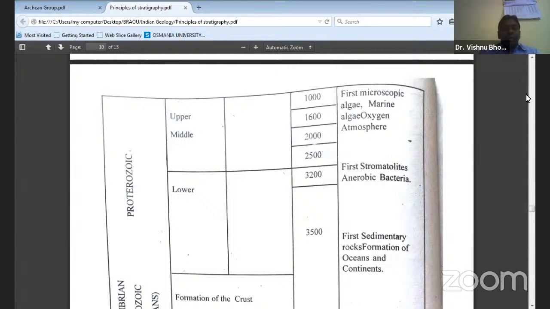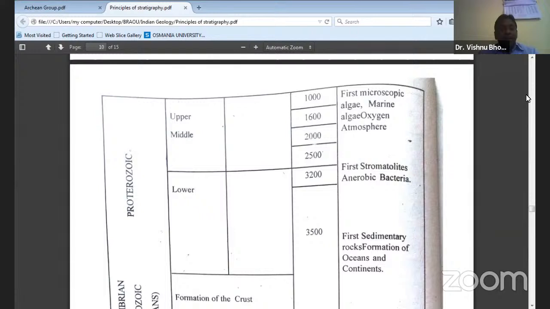Later, around 3,200 million years, the first stromatolites and anaerobic bacteria were discovered, and later it comes up to 2,500 million years.